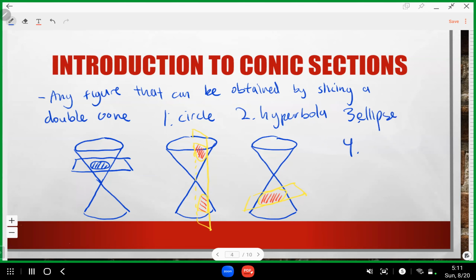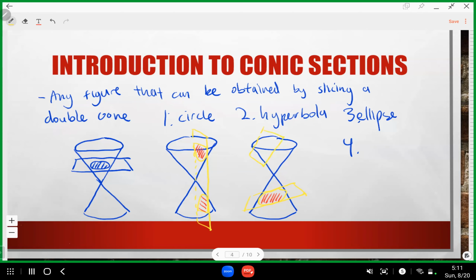And the fourth one, one more way to slice it diagonally, is we can slice off the tip here, for example, like this, right? So let me draw it better. Try to slice off this tip here of the cone. We get something like this.